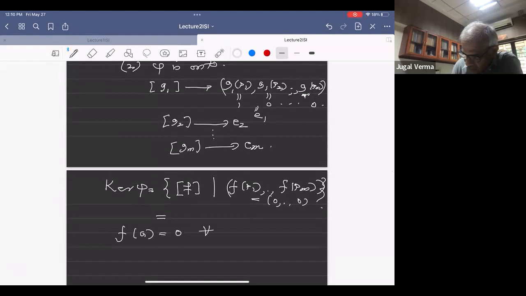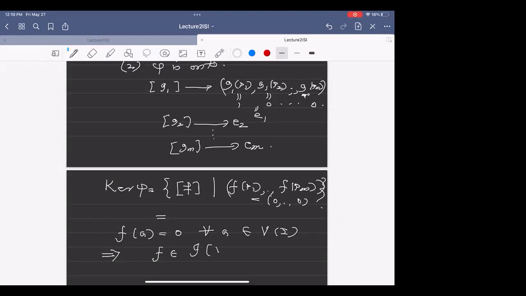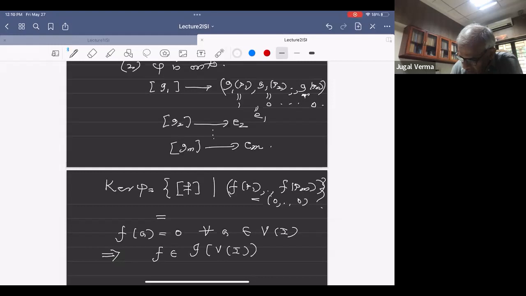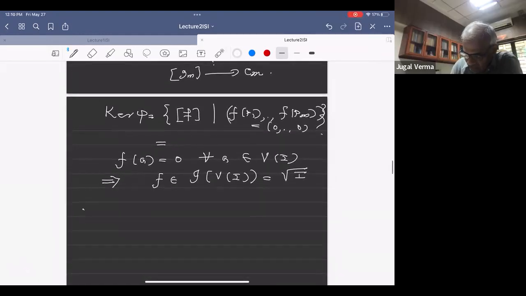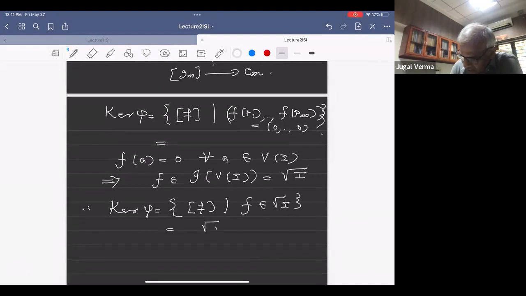So f(a) is 0 for all a in V(I). What does it mean? f is in the ideal of V(I). But what is the ideal of V(I)? It is the radical of I. So the kernel of phi consists of residue classes of f, where f is in the radical of I. And this is the ideal, the radical of I mod I, inside R mod I.